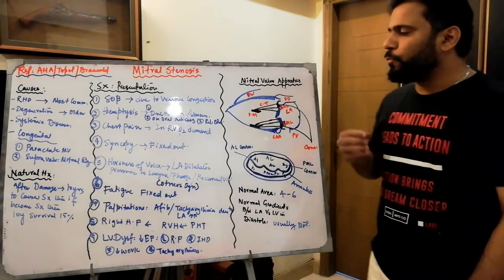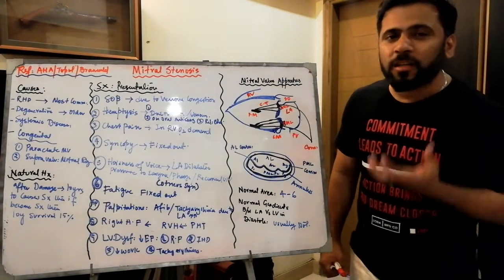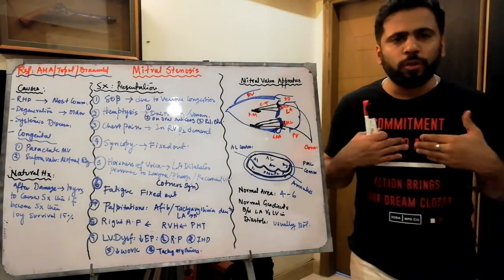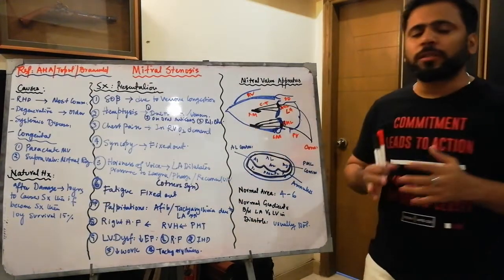So without wasting time, we first have to elaborate what the mitral apparatus is, what the mitral valve is. Mitral valve is not just the two leaflets which are moving between the LA and the LV, but it's the whole apparatus.